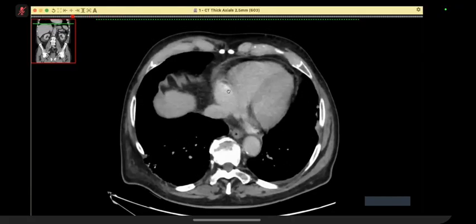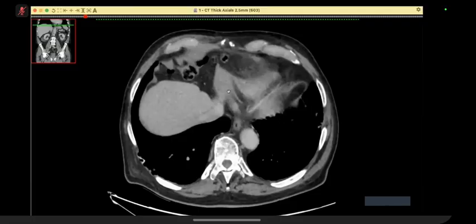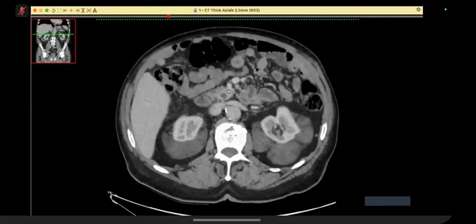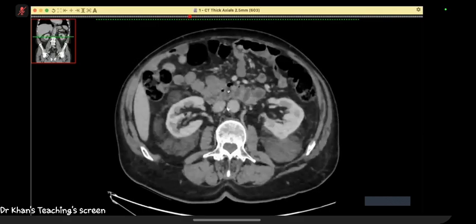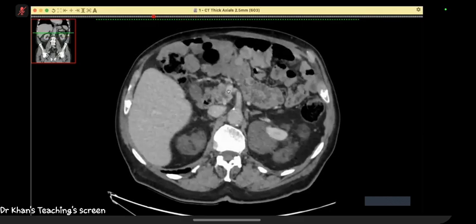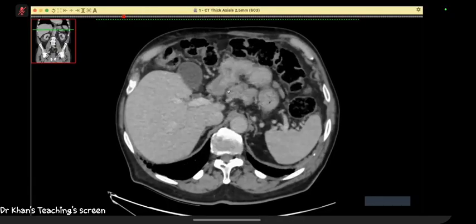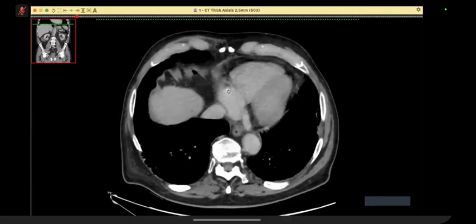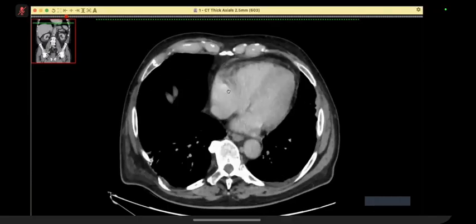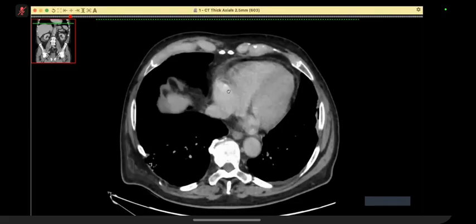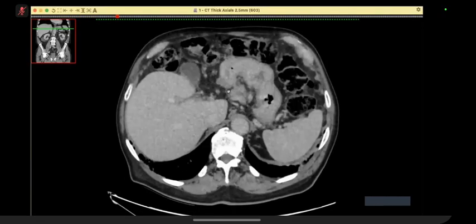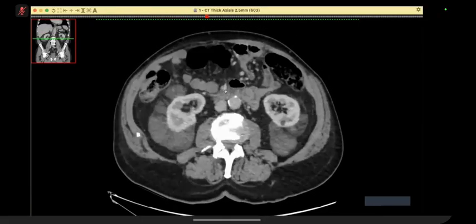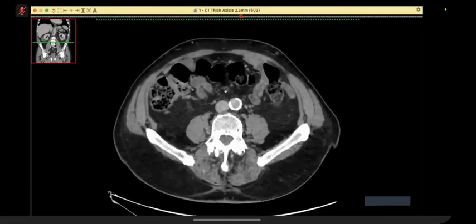I'm trying to look at the major organs. The liver appears fine. Gallbladder appears fine. Spleen appears fine as well. The stomach is collapsed. I don't see any obvious lesion within. So I'm trying to assess what these lesions are.